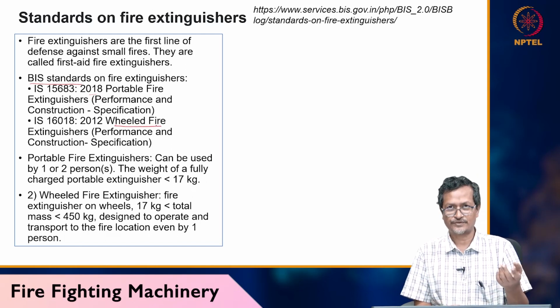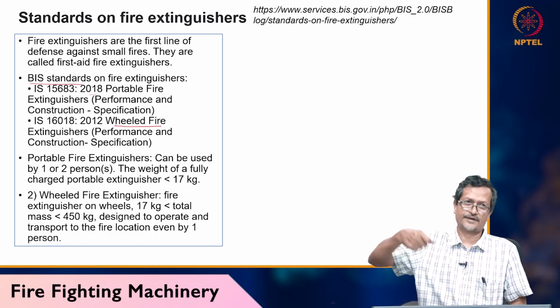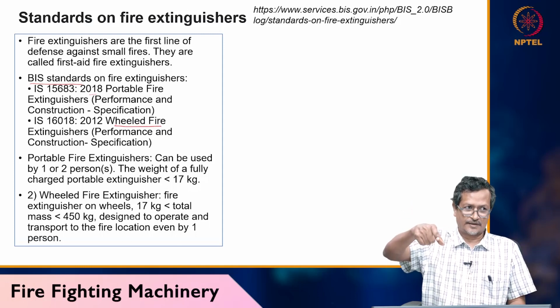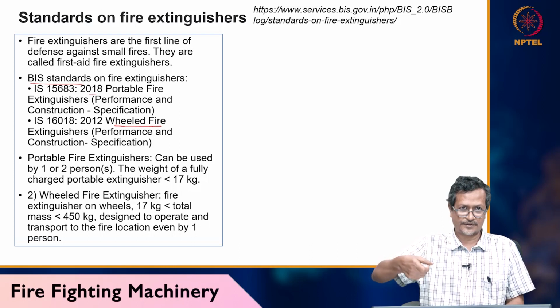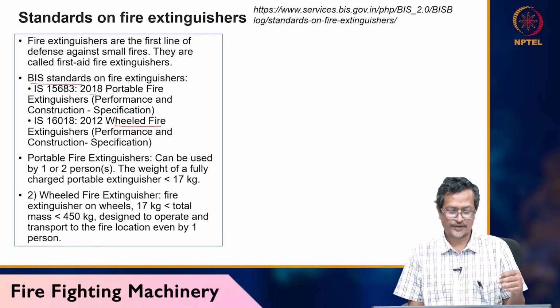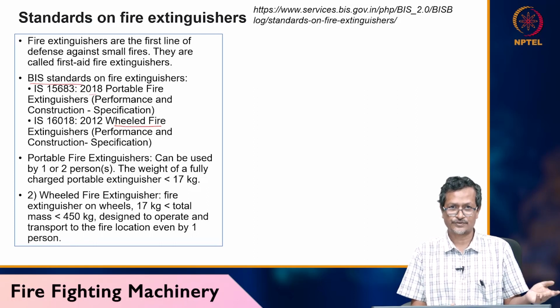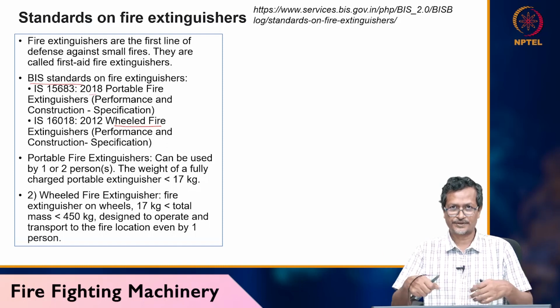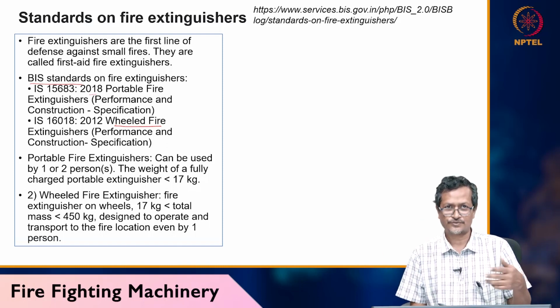Portable fire extinguishers are very small, less than 17 kg, so you can lift it, go to the fire, and discharge whatever you have in the cylinder. But if you have a larger fire and one person cannot carry the extinguisher, in that case a wheeled fire extinguisher will be used. It is on some small cart, so you just carry it and you can apply your fire extinguisher to the fire.